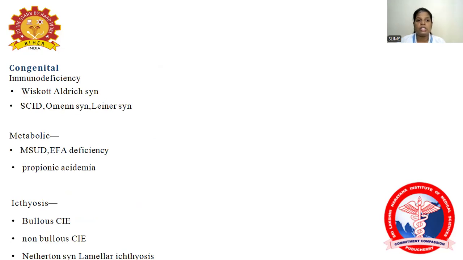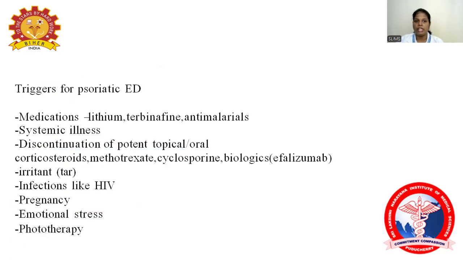Congenital conditions like immunodeficiencies, which include Wiskott-Aldrich syndrome, SCID, Omenn syndrome, Leiner syndrome, whereas metabolic conditions like EFA deficiency, propionic acidemia, ichthyosis like bullous, non-bullous, Netherton syndrome, lamellar ichthyosis.